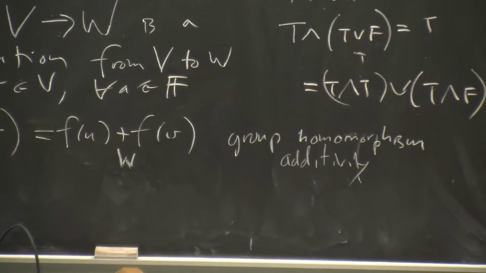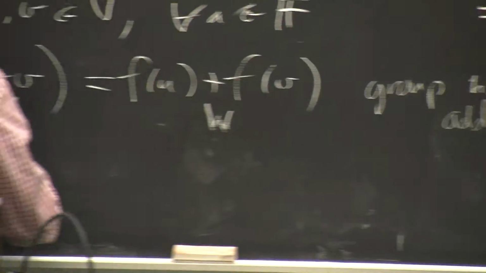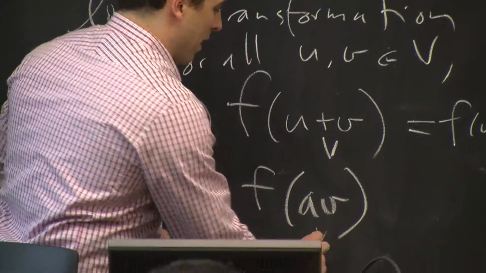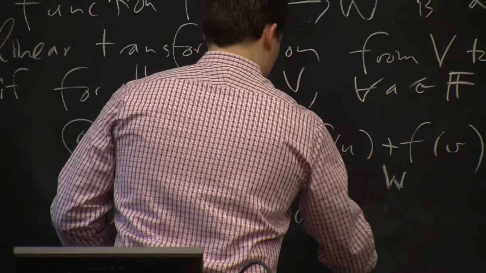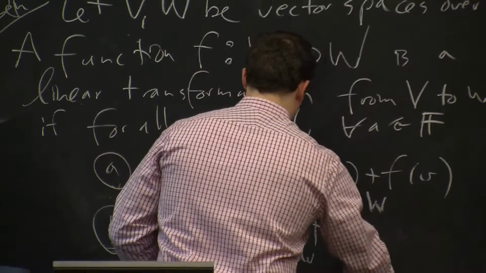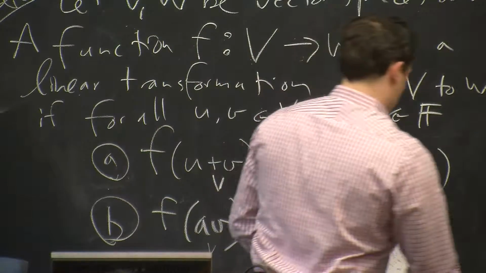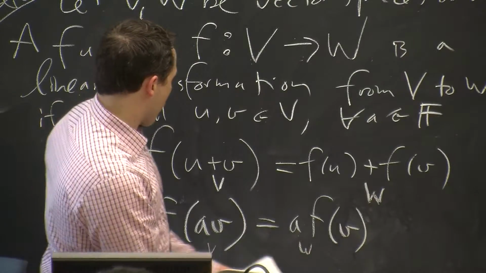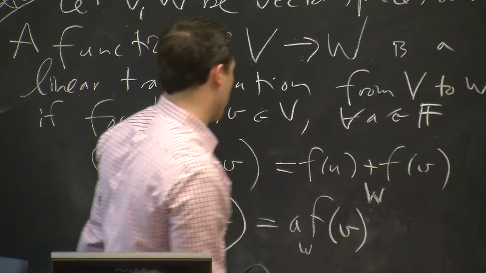So the second property, (b), is that it respects the scalar multiplication. That is, if I do my scalar multiplication in V and then apply f, I get the same answer as if I do my scalar multiplication in W after applying f. And so this is that it respects the scalar multiplication, or that it's a homomorphism of these things which are abelian groups with the field action, a vector space homomorphism.